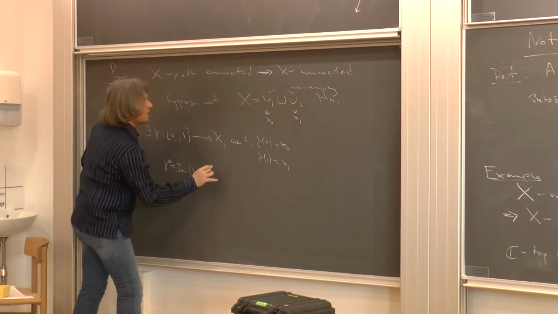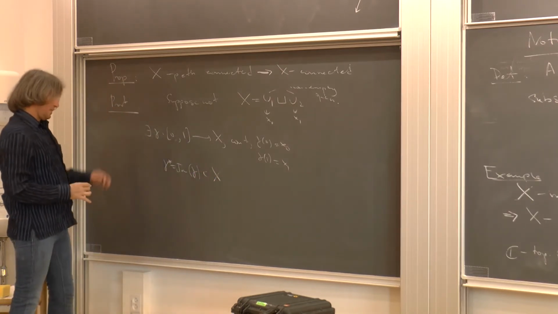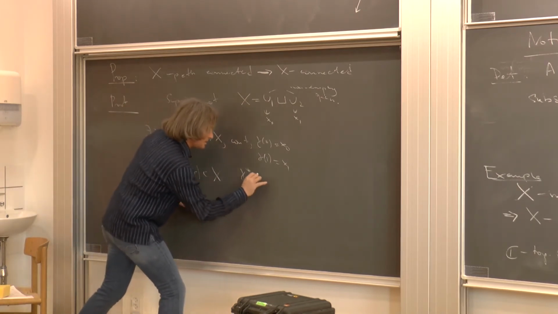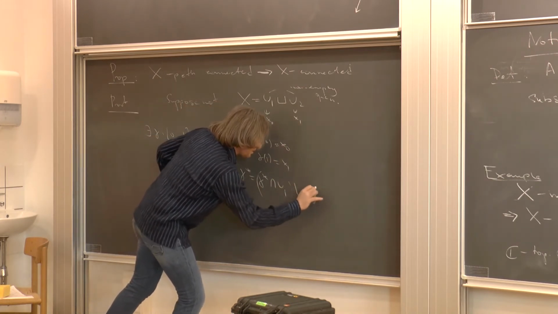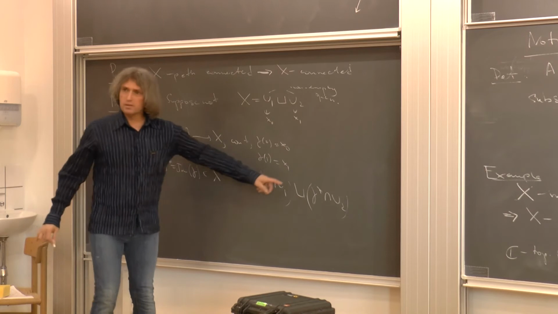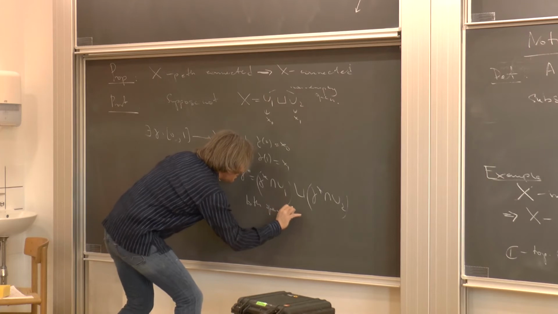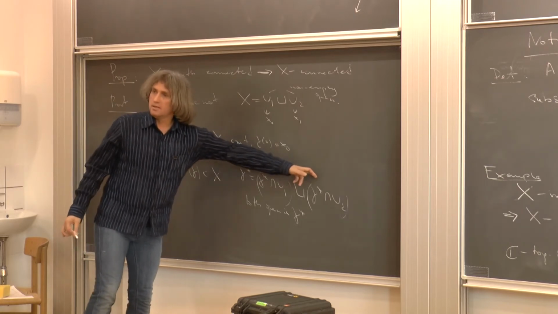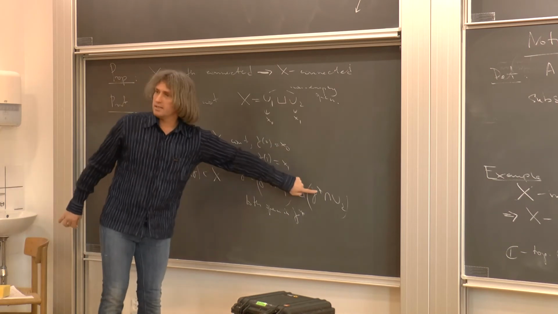It's a subset in X. So then gamma star is gamma star intersected with U1, disjoint union, gamma star intersected with U2, both open in gamma star. Now, none of them can be empty because x0 is in one of them and x1 is in the other.